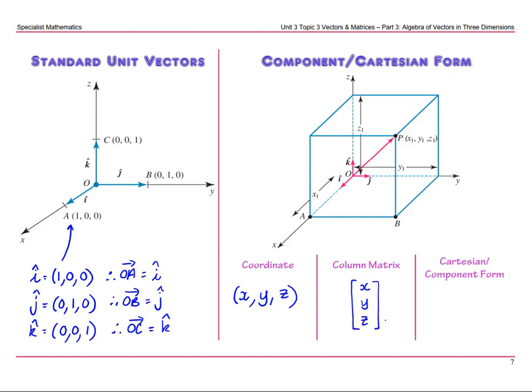In Cartesian or component form, we could write our vector as xi plus yj plus zk. Now, you won't always see the ijk written in unit vector form. You will often see it written as x i with the tilde underneath, representing that it's a vector.